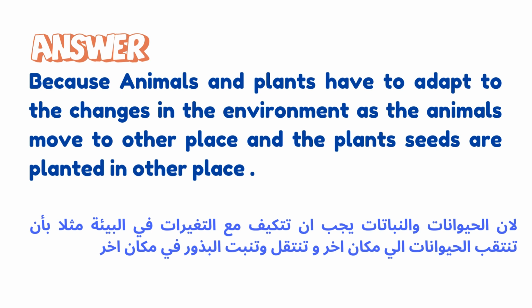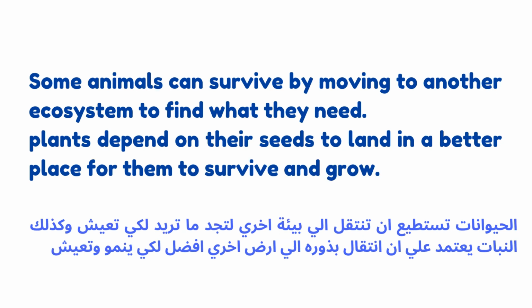This is because animals and plants have to adapt to the changes in the environment, as the animals move to another place and the plants' seeds are planted in another place. So some animals can survive by moving to another ecosystem to find what they need, okay, and the plants depend on their seeds to land in a better place for them to survive and grow.